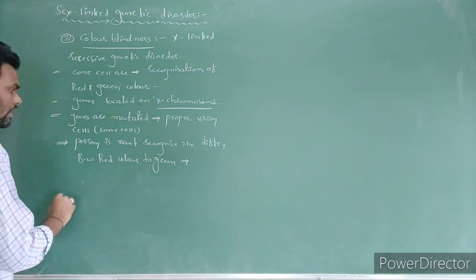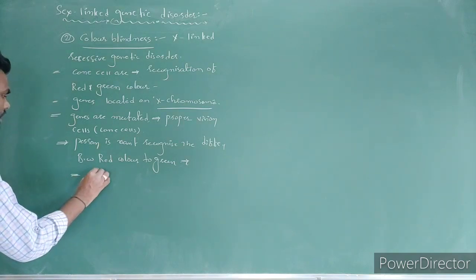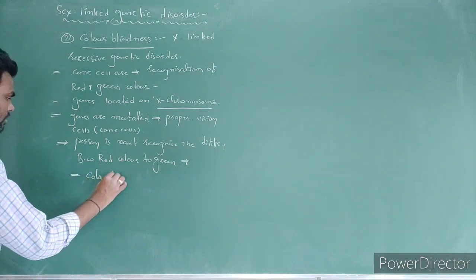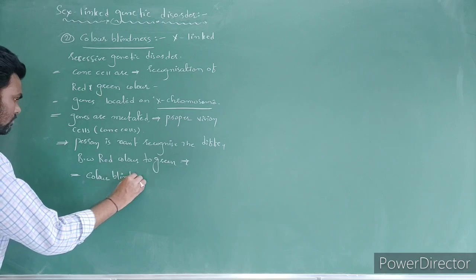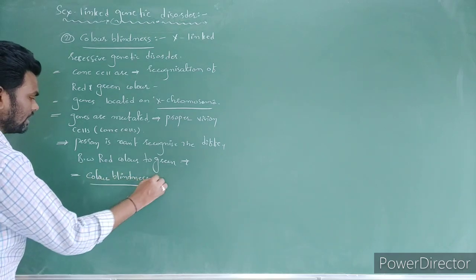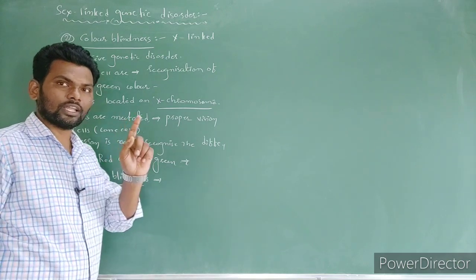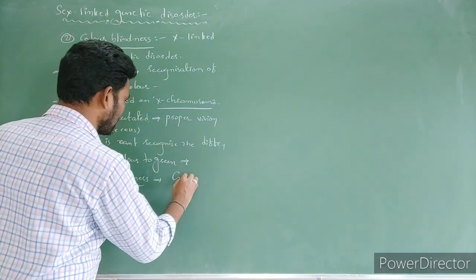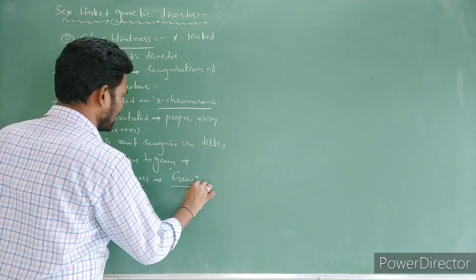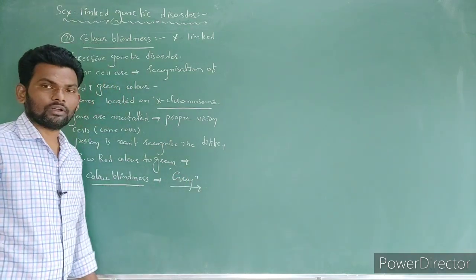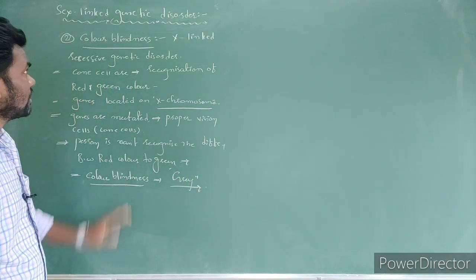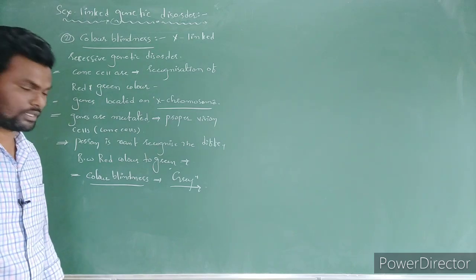Such a person we can call as suffering from color blindness. Both colors look like only one color, that is gray color. Complete gray color is formed. Okay, so this is the information regarding color blindness.